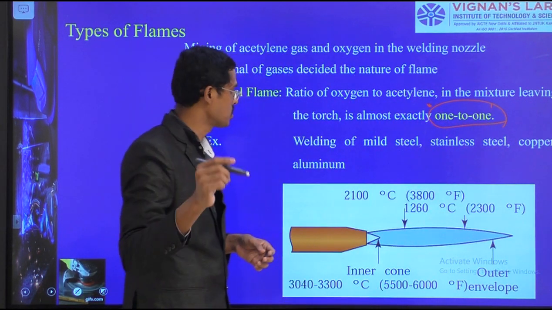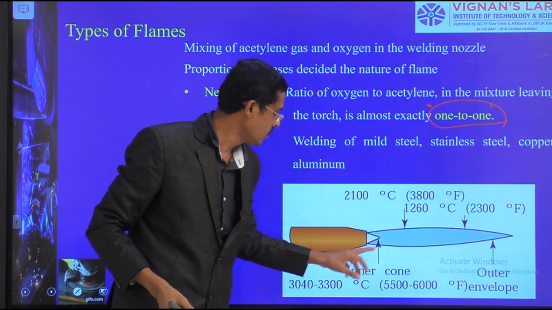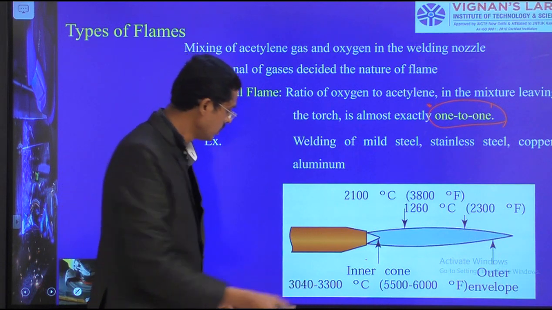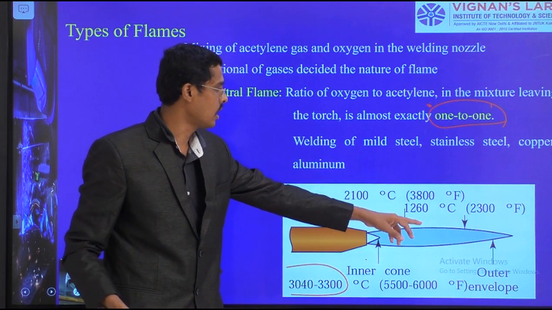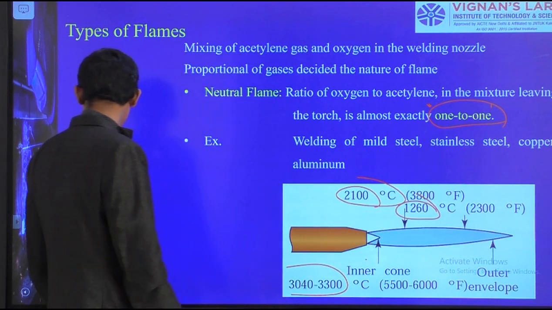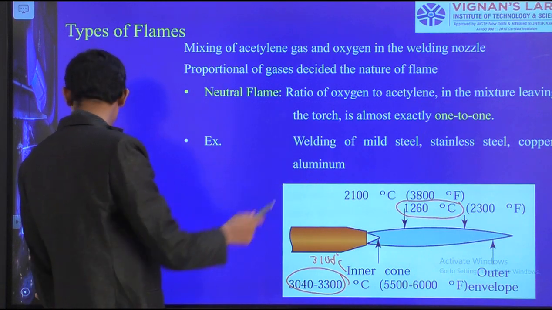Please remember 1:1. The inner cone is around 3300 to 3100 degrees centigrade, and the outer cone around 1000 to 1260 degrees centigrade is available. This is the neutral flame, for the purpose of welding.